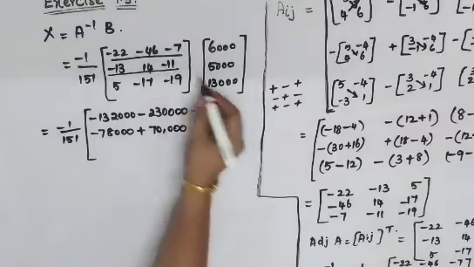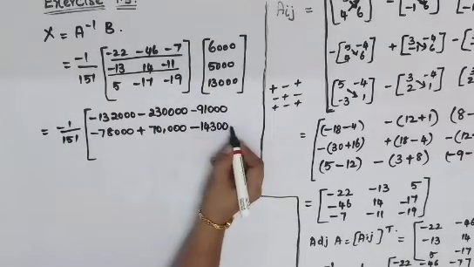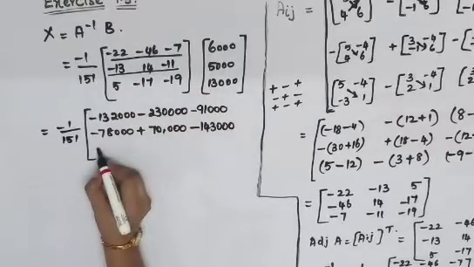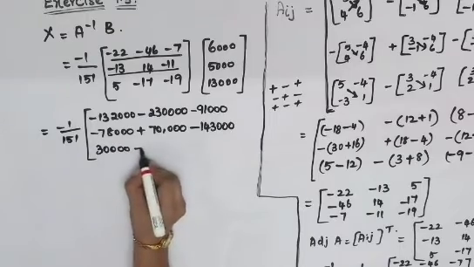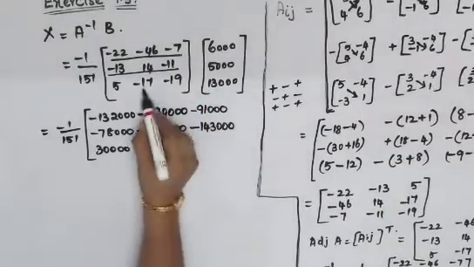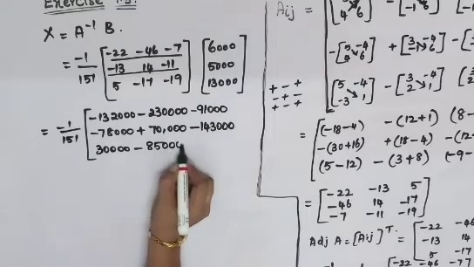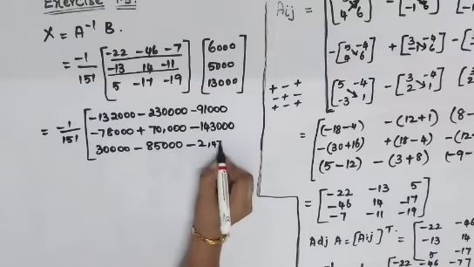Then minus 11 into 13,000, you will have 1,43,000. Then 5 into 6,000, you will have 30,000, minus 17 into 5,000, it will become 85,000, minus 19 into 13,000, 2,47,000.